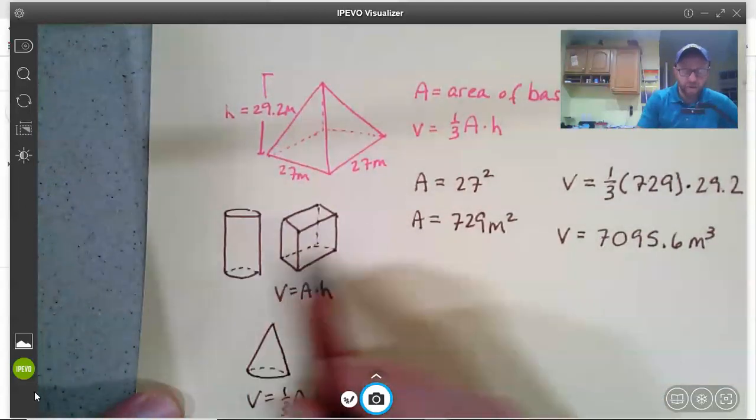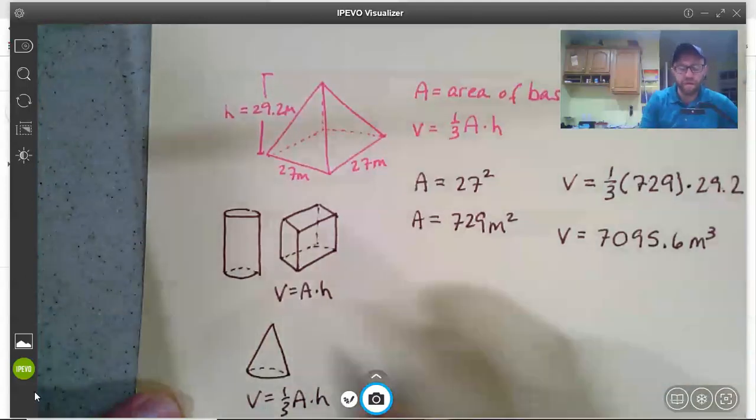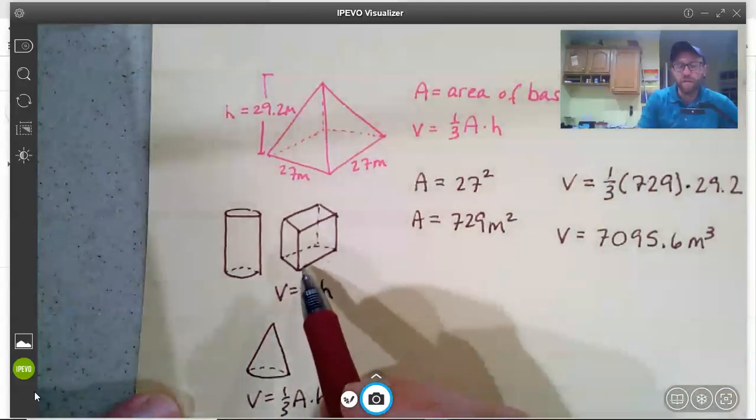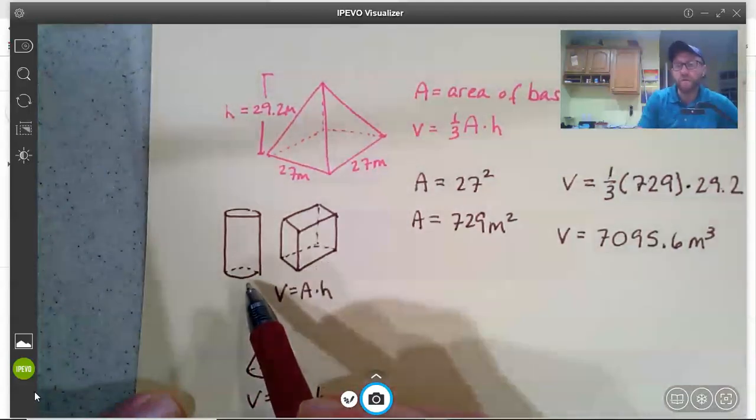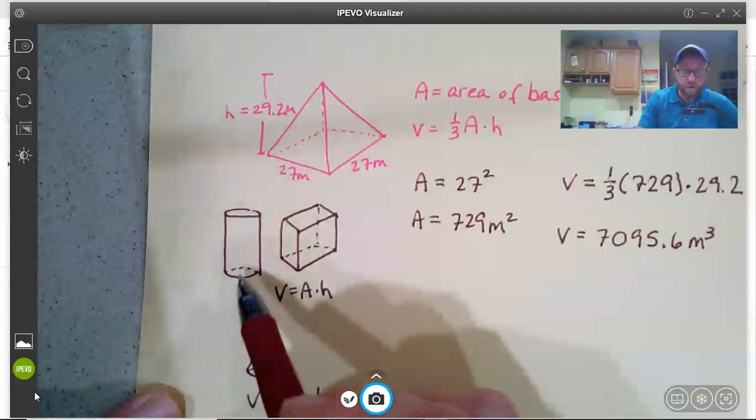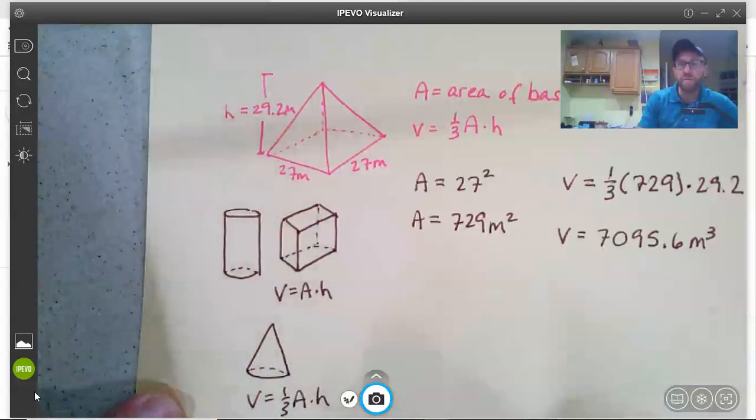So if it's got straight sides, it's just area of base times height, right? So length times width times height in the case of the rectangular prism. Or it's the area of a circle times the height. So you're just finding the area of the base and then times how tall it is.